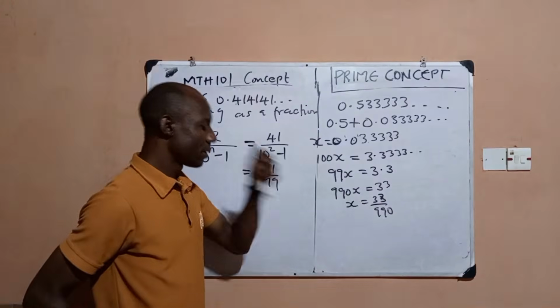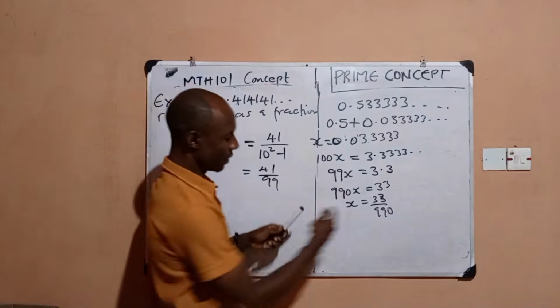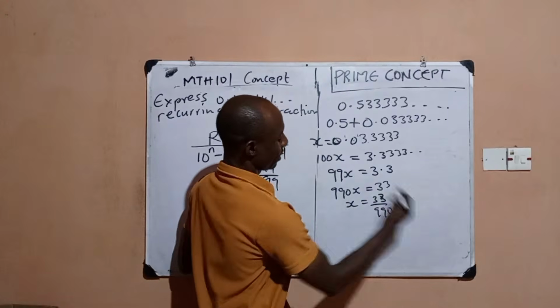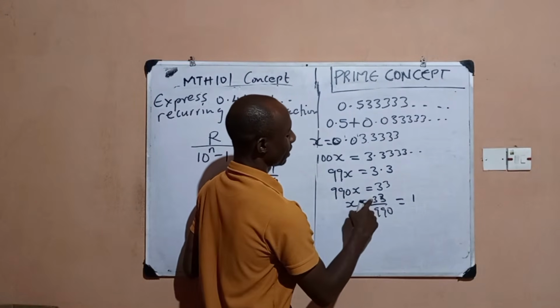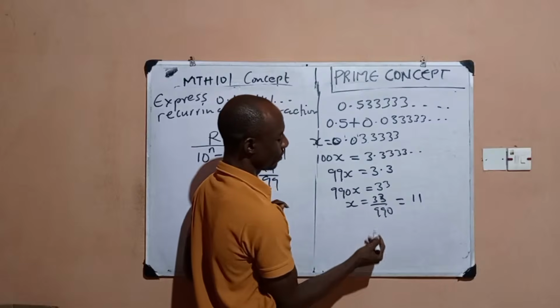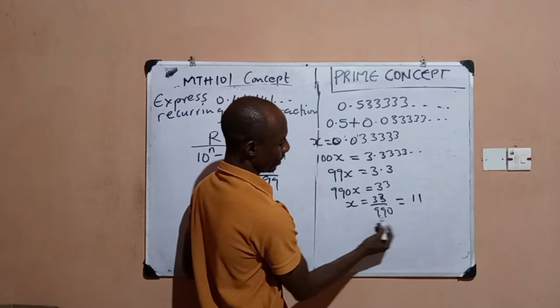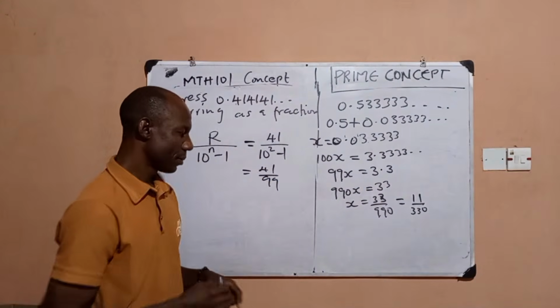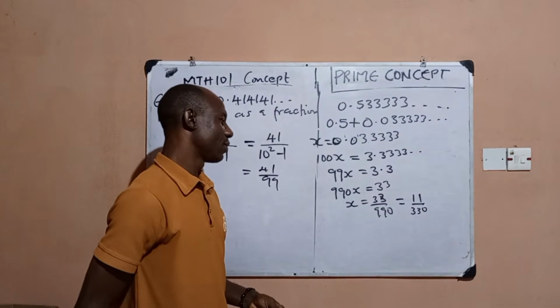I believe we can still reduce this. Dividing by 3, 33 gives you 11, and 990 divided by 3 gives you 330.